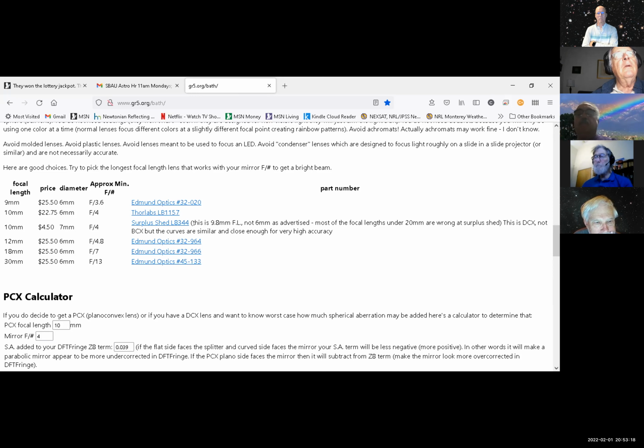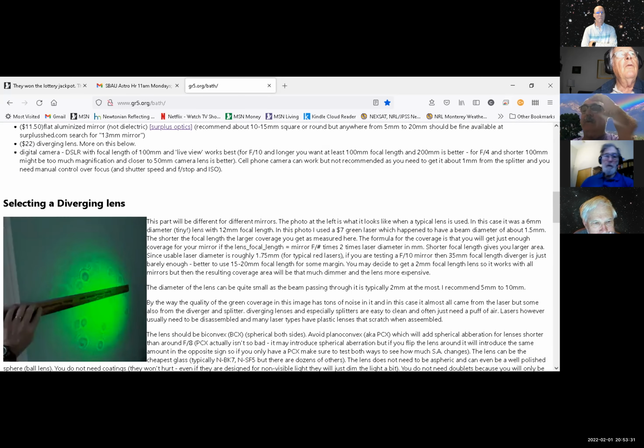And I think you have to be fairly accurate with your lens focal length too, just to make sure things work out okay. I don't think I have a lens that'll work with it.